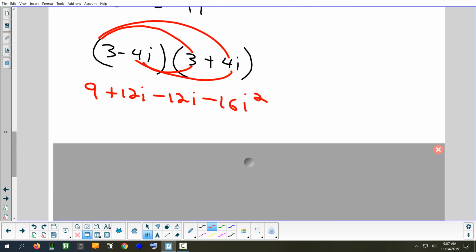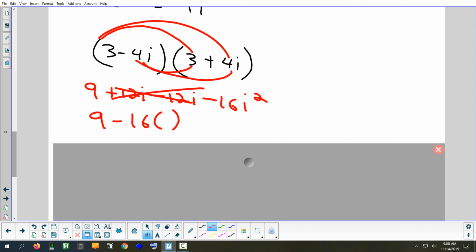Okay. What's going to happen when I combine 12i and a negative 12i? It cancels out. Anytime you multiply conjugates, that's going to happen. So it's a waste of time to do the outer and the inner. They're always going to cancel out. All you really have to do is the first and the last. So we got 9 minus 16 i squared.